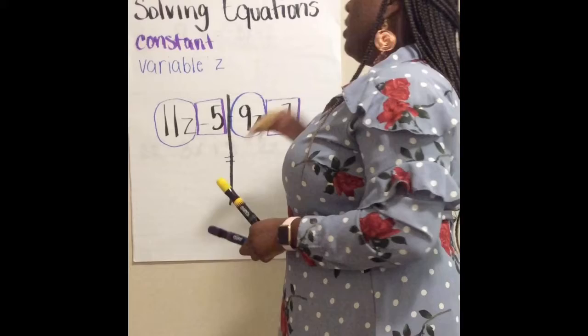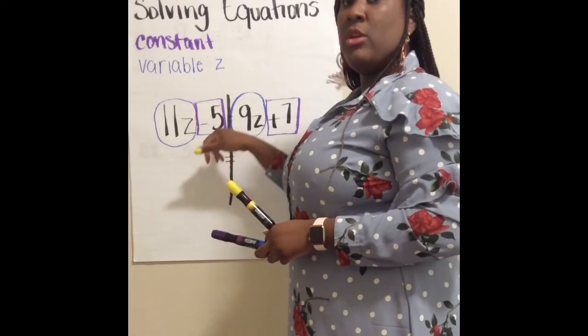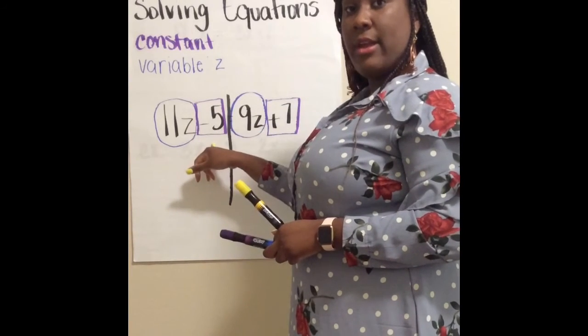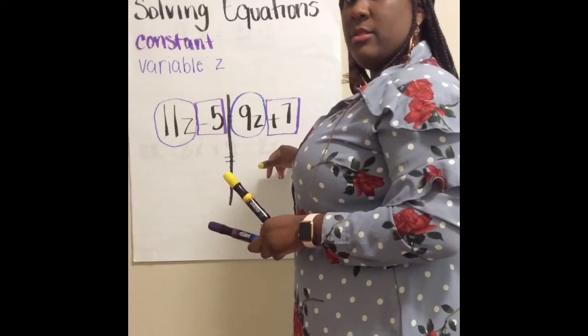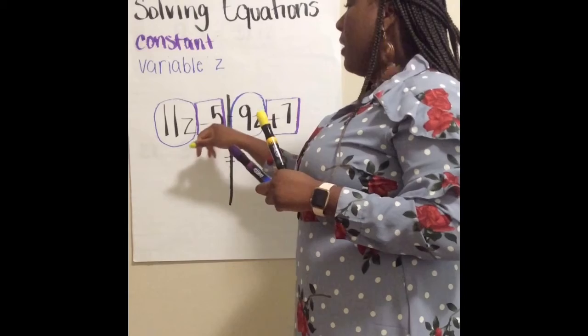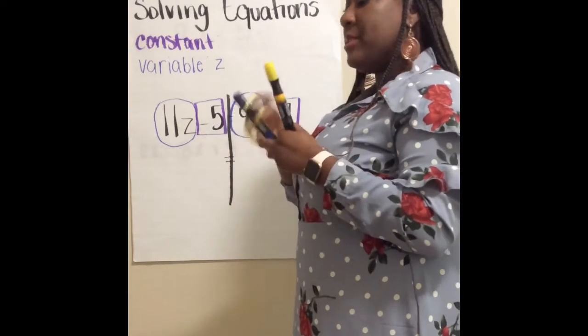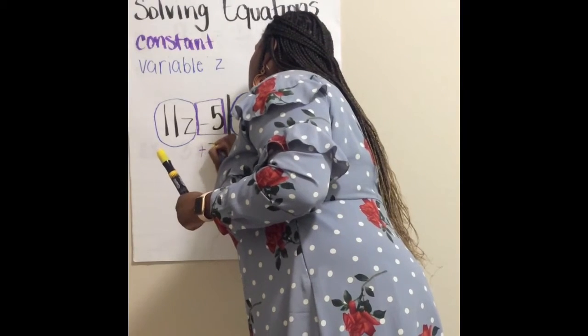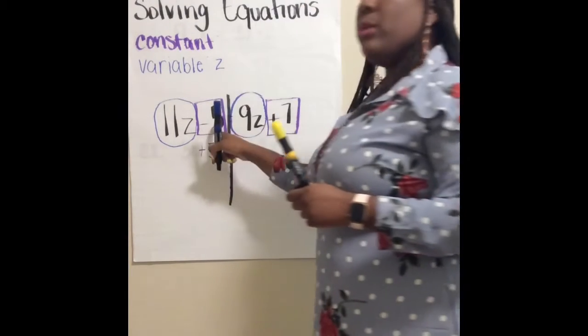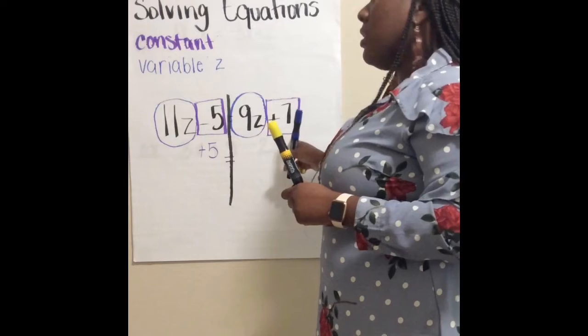So we have -5. In order for it to cancel out over here, we have to move it to the other side, we have to do the opposite. So the opposite of -5 is what? +5. Whatever we do to one side, we have to do to the other side.